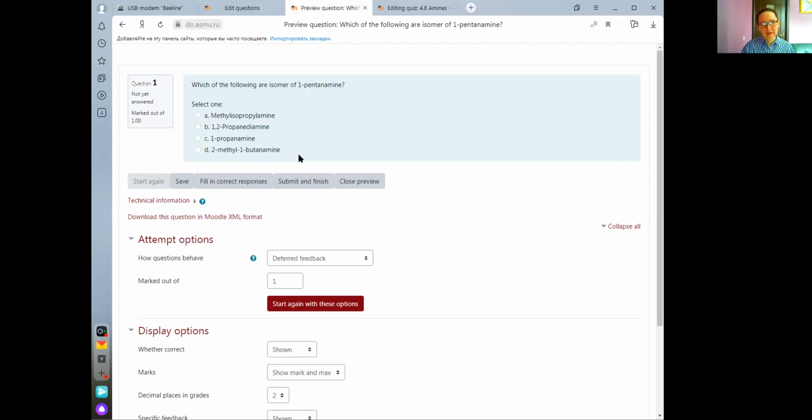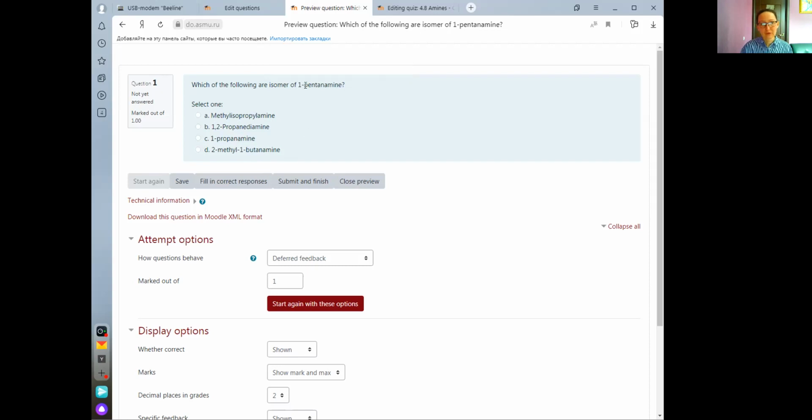When you identify the same, you compare with 1-pentane amine, for example, here 5 carbons, 1 nitrogen, and 13 hydrogens, C5H13N. In whichever compound you see the same number of carbons, hydrogens, and nitrogens, it will be an isomer.